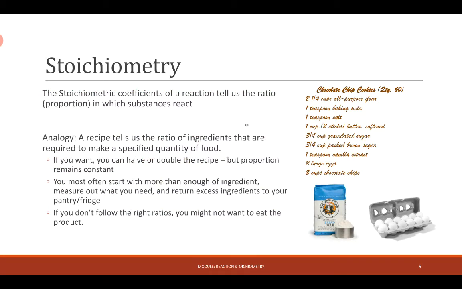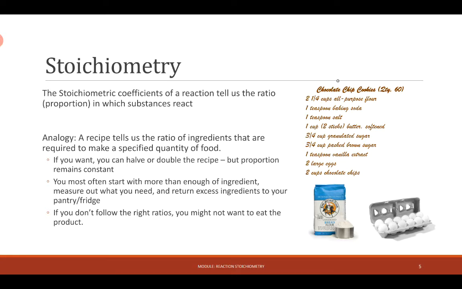Alright, so these molar ratios and those stoichiometric coefficients in our balanced chemical equation tell us the proportion in which things react. Much like the quantities in a recipe tell us the ratio to put into our reaction when we're cooking.